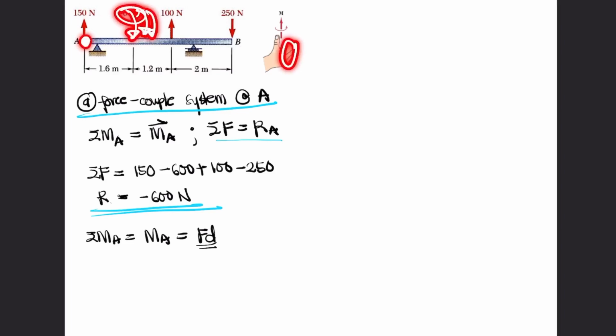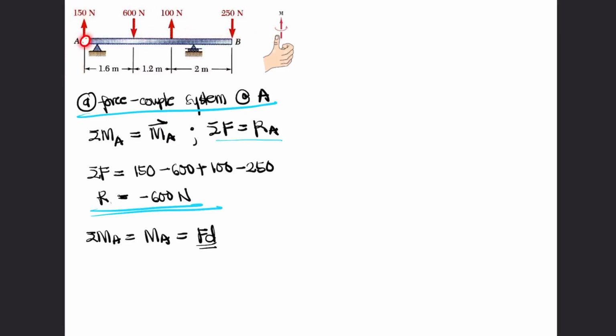So for this 600, your thumb is pointing towards point A. Then the 600 rotates. If it points towards A, meaning toward the back of A, meaning it is negative. This is the x-axis, this is the y-axis, and the z-axis points toward you.